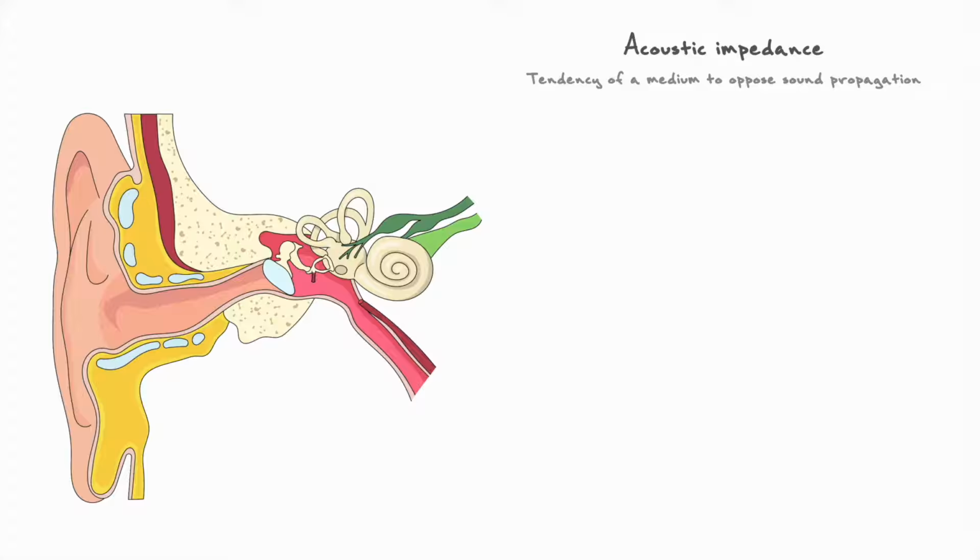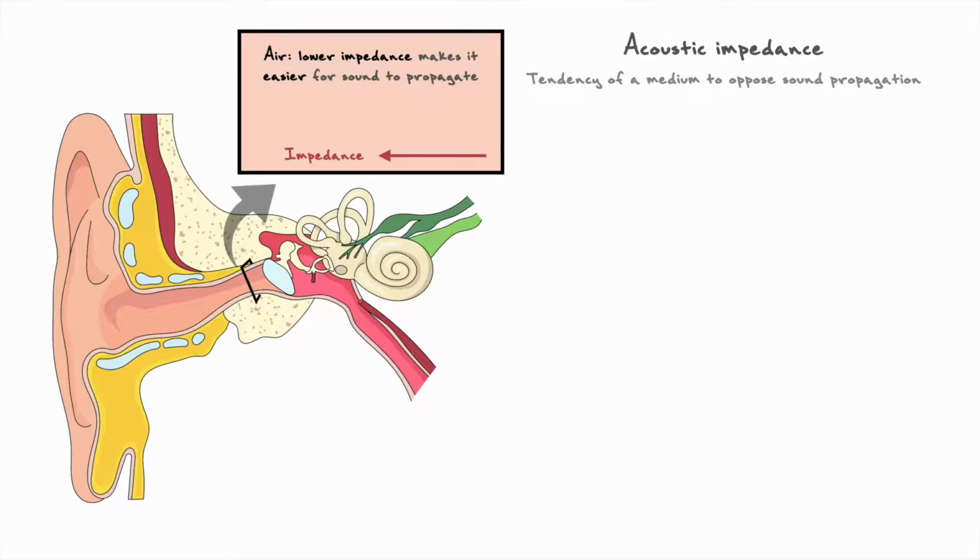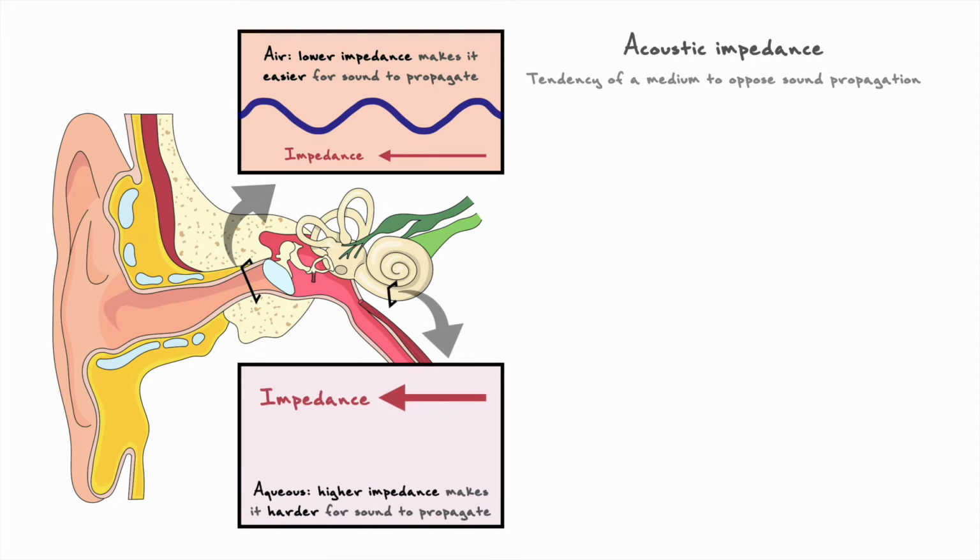The reason why this concept is important for us is because if we consider the sound that reaches us at the ear canal, this sound travels in air, a medium with low impedance, and thus makes it easy for the sound to propagate. However, as a little preview of what we will discuss shortly, the inner ear, where sound gets converted into neural signals, is an organ filled with fluid, and thus, in comparison to air, it has a much higher impedance. Accordingly, sound waves have a much harder time to propagate.